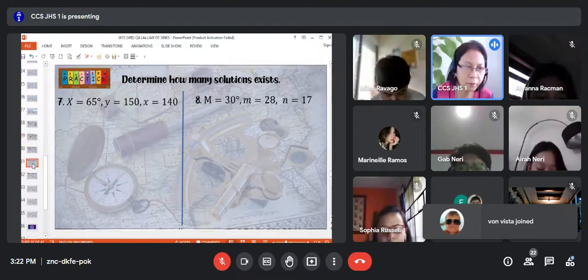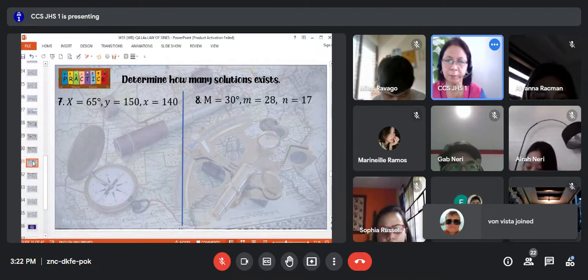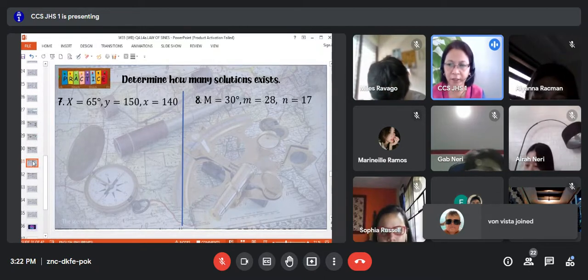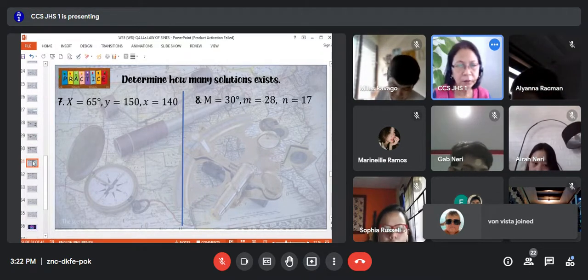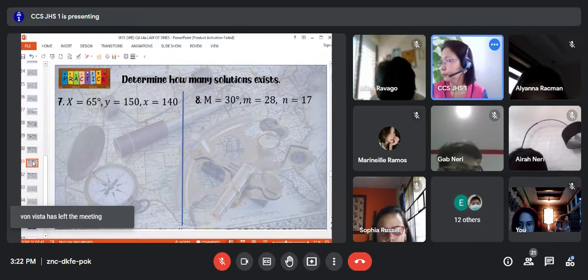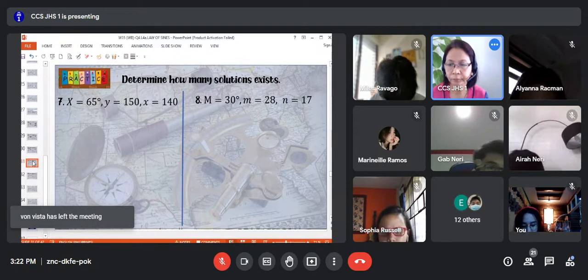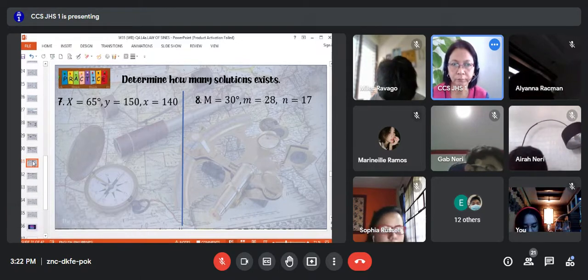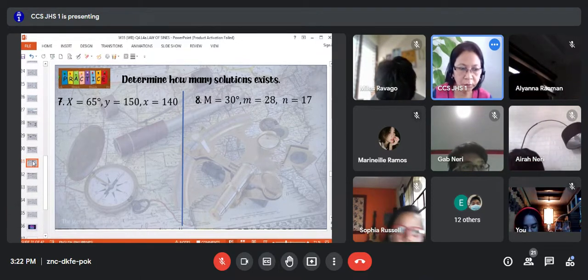Let's have another problem. You try this one. Number 7 and 8, I'll give you 10 minutes. Determine how many solutions exist. Draw the triangle.